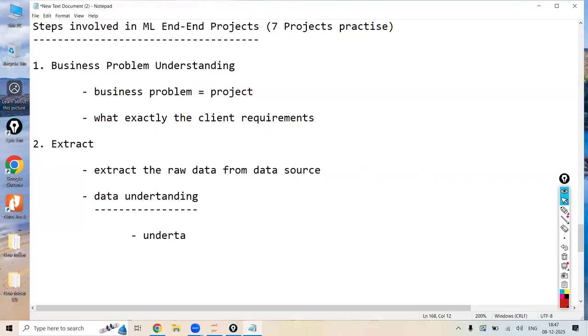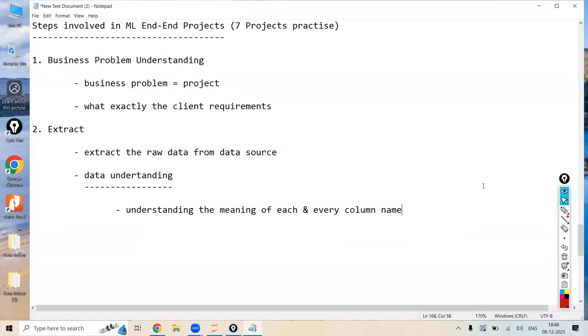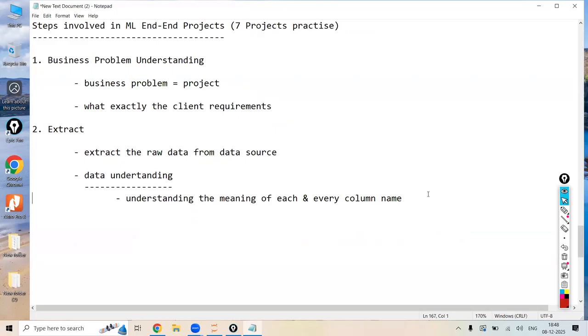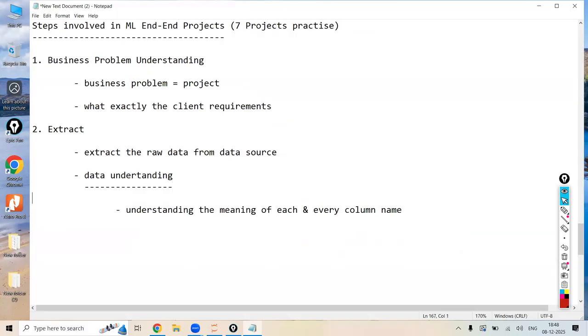Understanding each and every column name very clearly, that is called data understanding. Along with that, you are going to do the data understanding plus how the tables are connected.